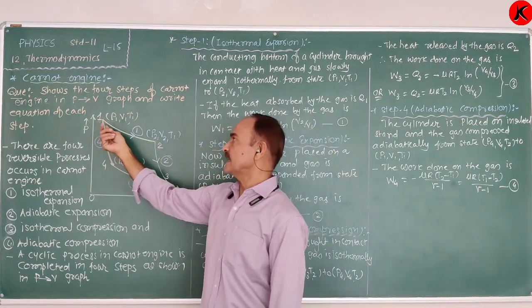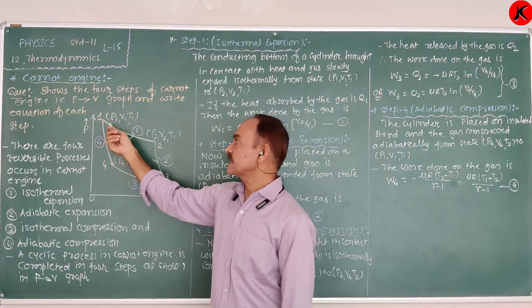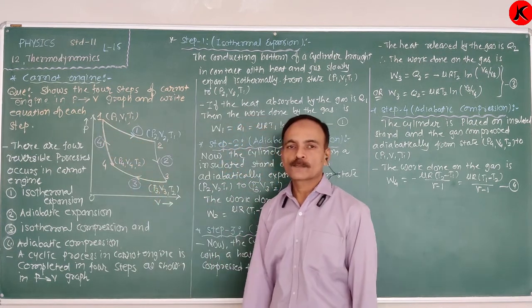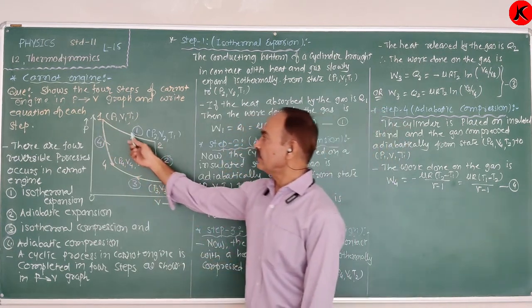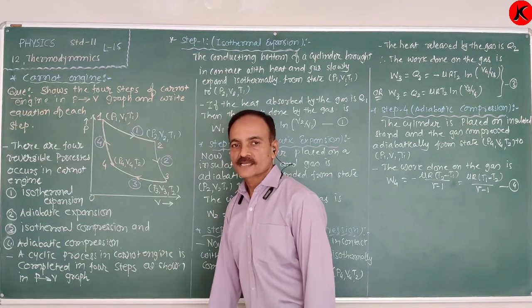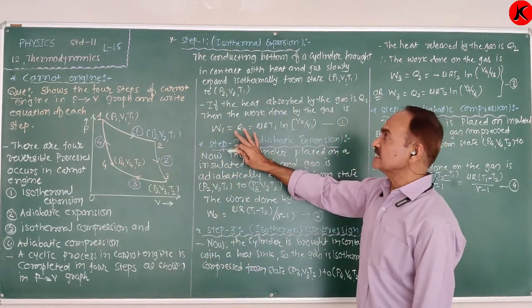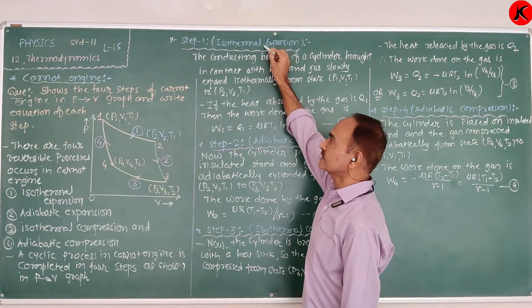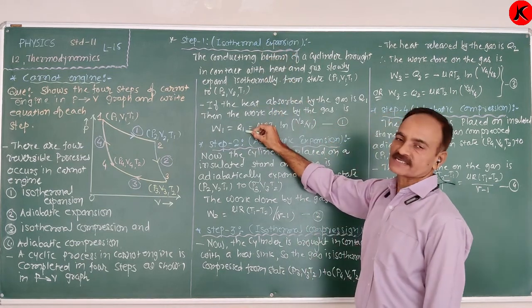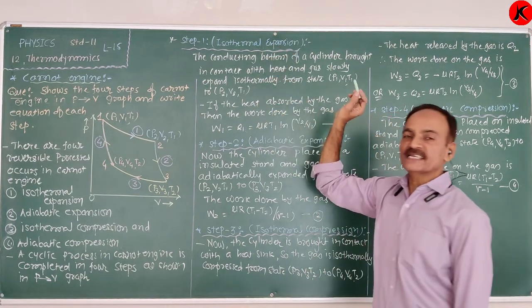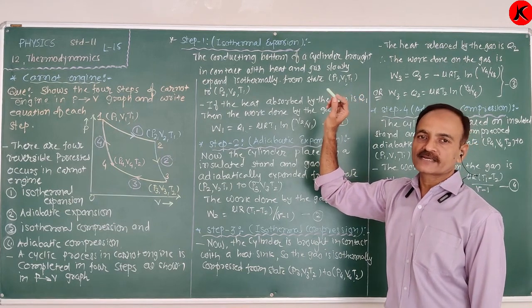Here the working substance is going from state 1 to state 2. How is the state of the working substance changed? In the answer to this question, you only have to mention the step name and also the equation. The description is not compulsory, but you can add it.